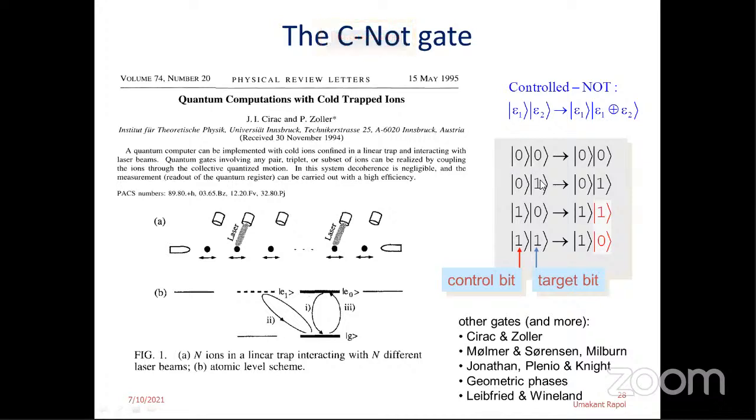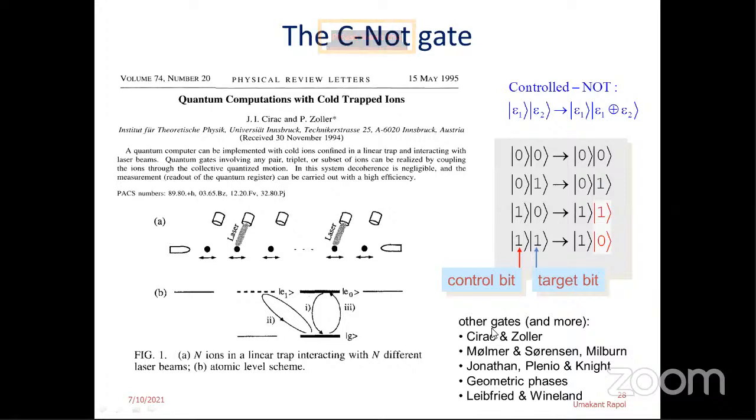When you apply a controlled NOT gate on this particular state, the second qubit state doesn't change. However, if the control qubit state is 1, the state of the target qubit changes. So if it is 0, it becomes 1. If it is 1, it becomes 0. Now, these gates are one of the fundamental building block gates for any quantum computer with any number of qubits.